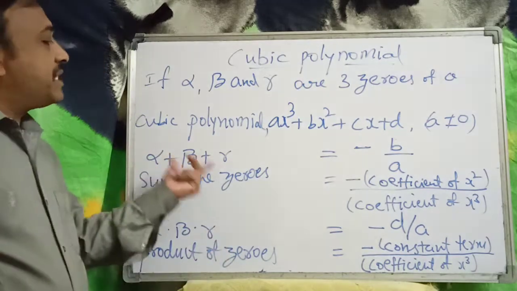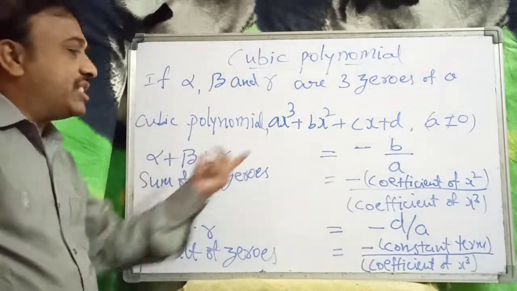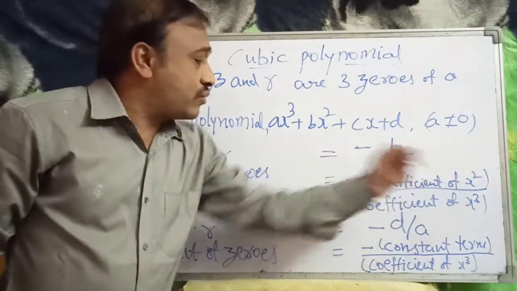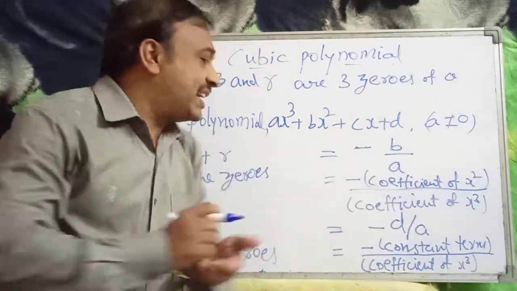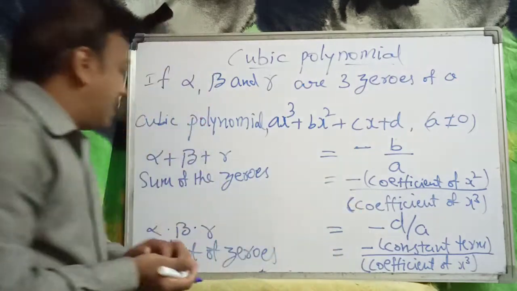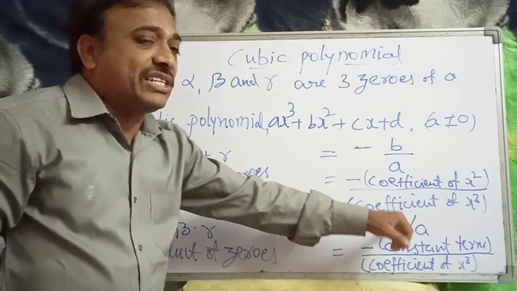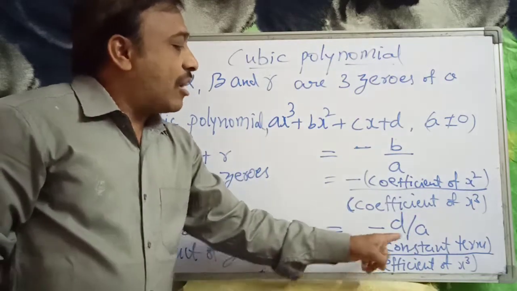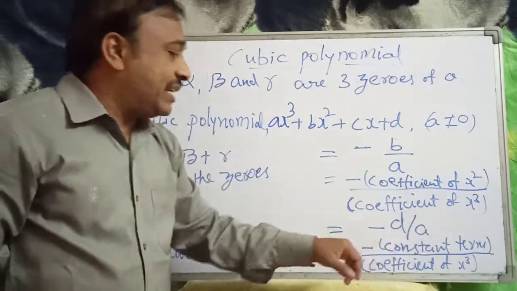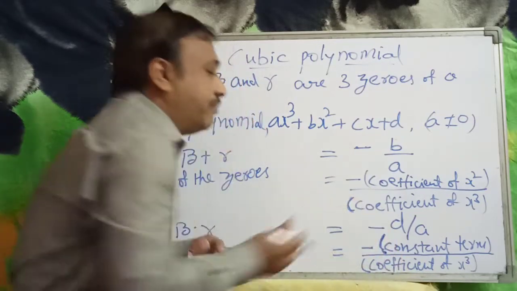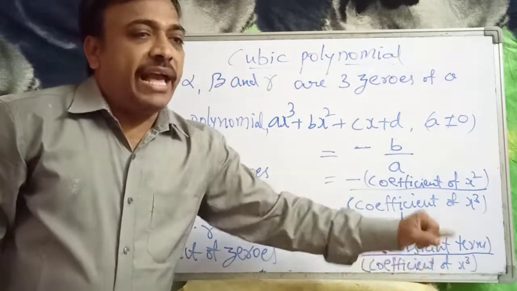So alpha plus beta plus gamma, the sum of the zeros, is minus b by a, which we can write as minus coefficient of x square by the coefficient of x cube, and the product of the zeros, alpha into beta into gamma, is equal to minus d by a, that is minus the constant term by the coefficient of x cube.